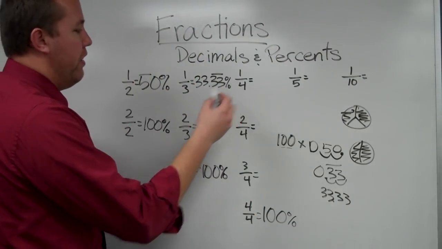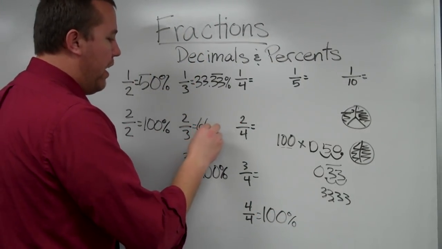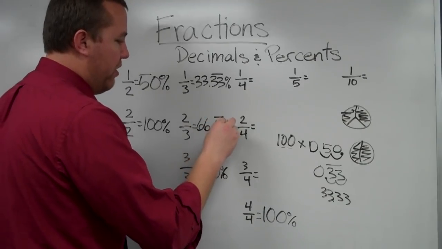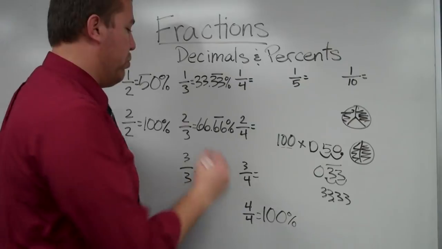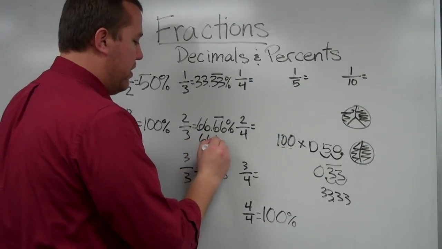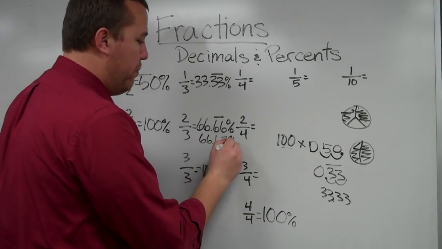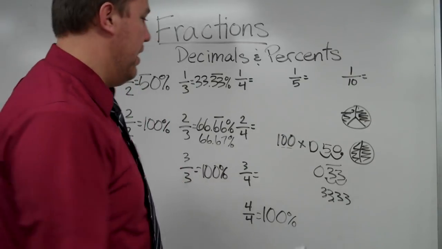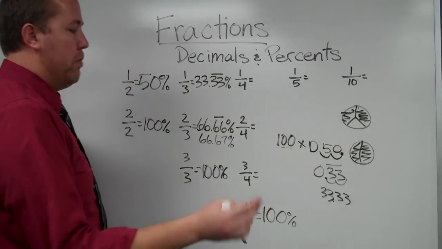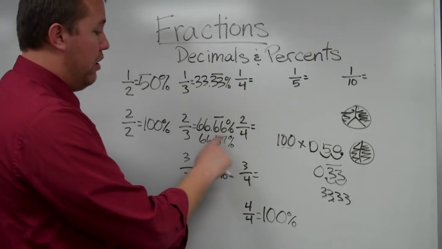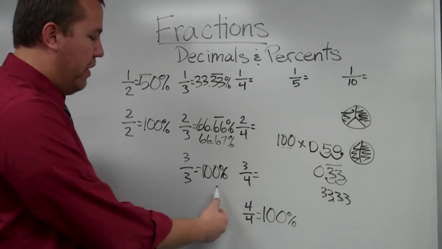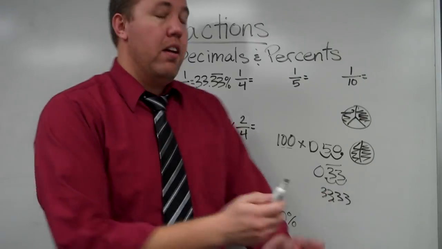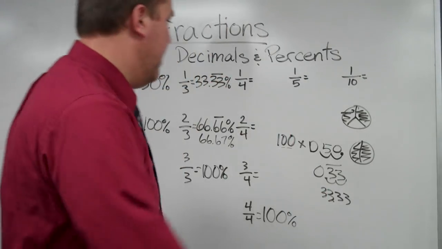So 33.33 plus 33.33, and I get 66.66 forever repeated percent. A lot of times, people will just round this off and say 66.67%. That's okay. I am okay with that. I just want my students, and you, to know that it is actually 66.66%. 3/3, 100%.